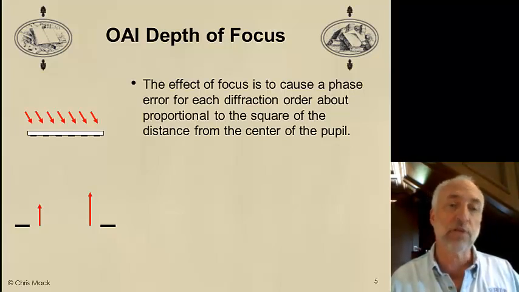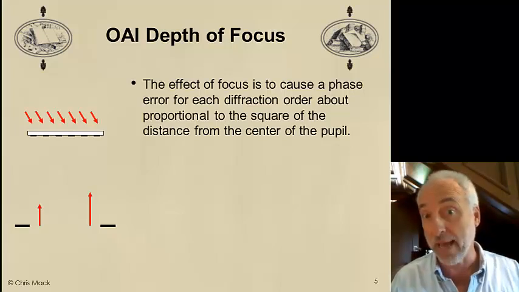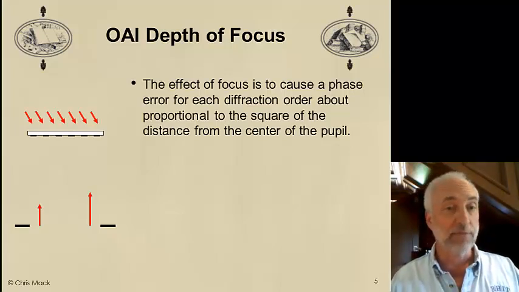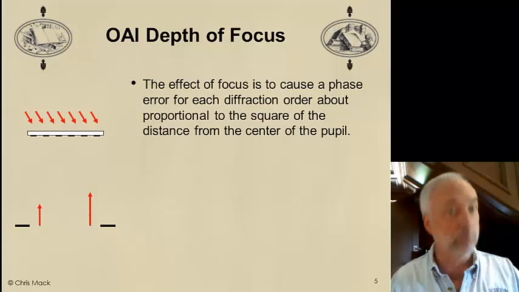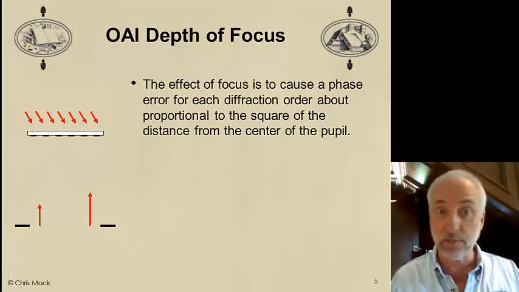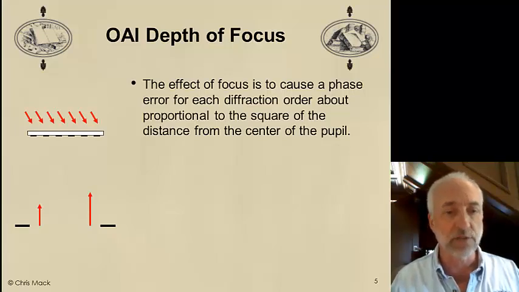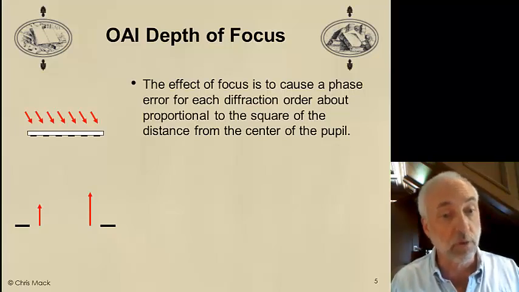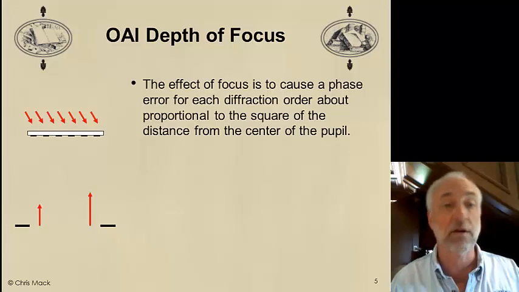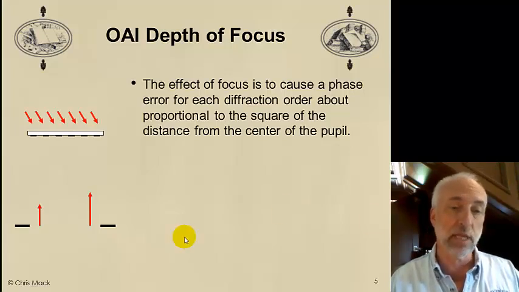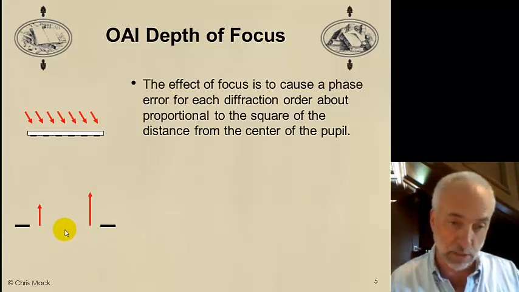That is, a phase error to the light as it comes out of the lens. And this phase error is symmetrical about the center of the lens and produces something that's close to a phase error, close to proportional to the square of the distance from the center of the lens. So the square of the spatial frequency, for example.